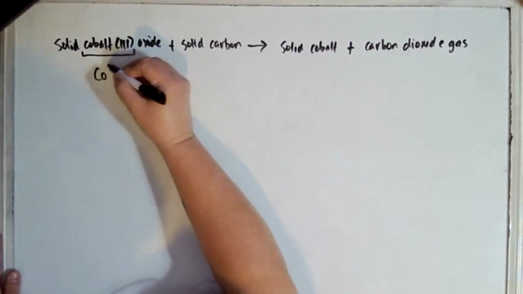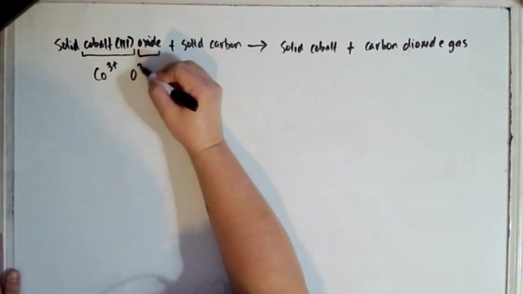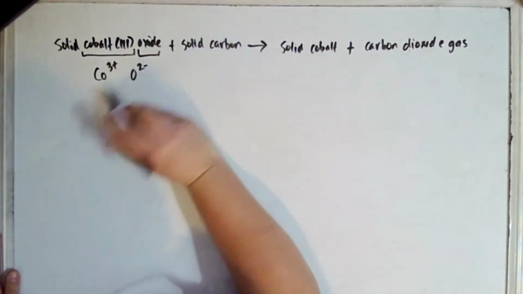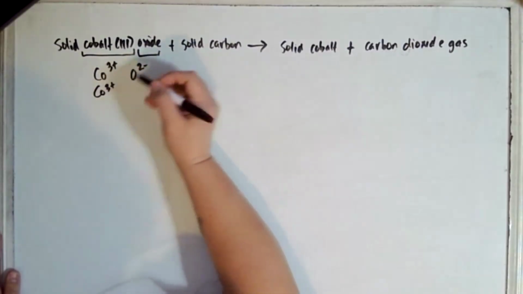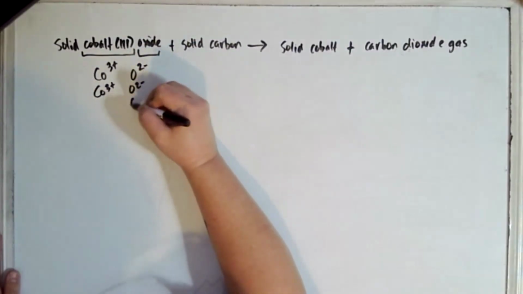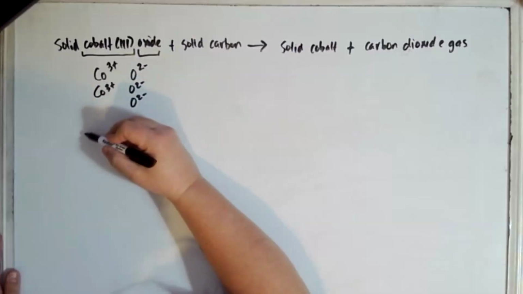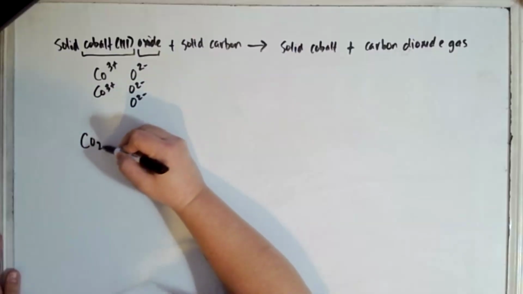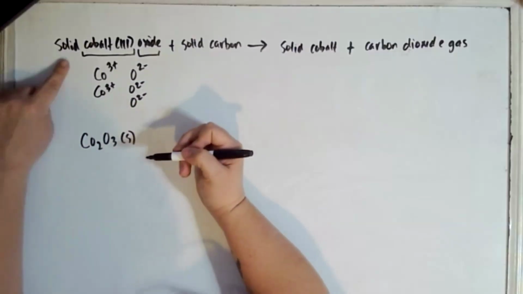So this is going to be cobalt with a positive 3 charge attached to oxygen, which has a negative 2 charge. So for the formula for this, I want my charges to balance. So I'm going to need 2 cobalts and 3 oxygens for this formula. And I'll end up with Co2O3, and then I'll put an S next to it because it's solid.